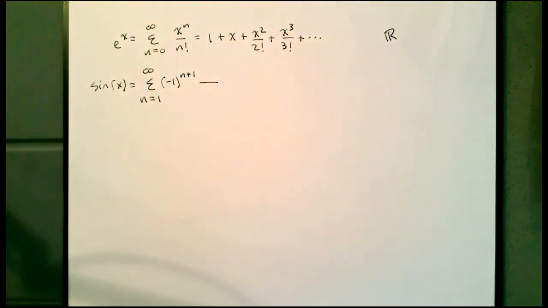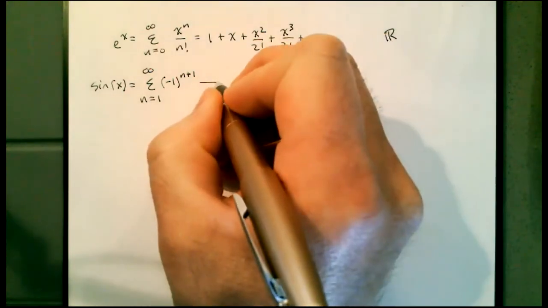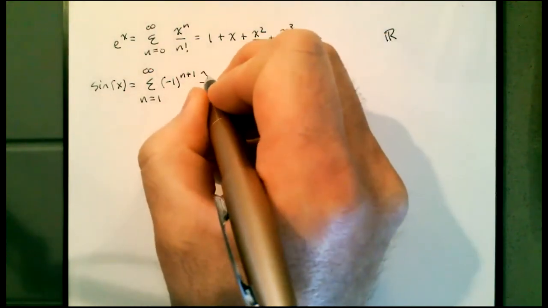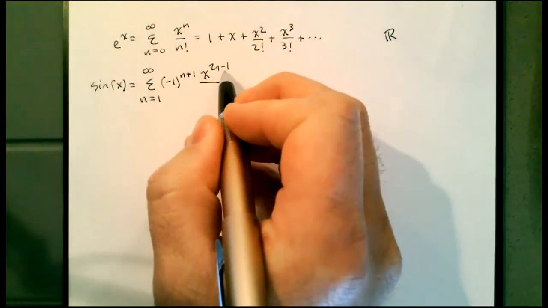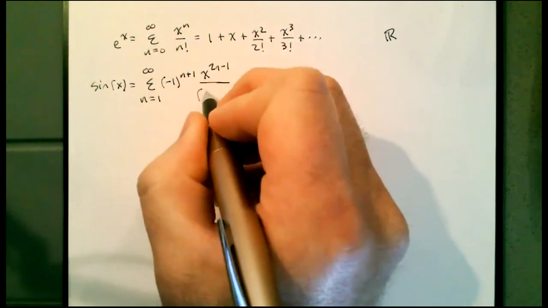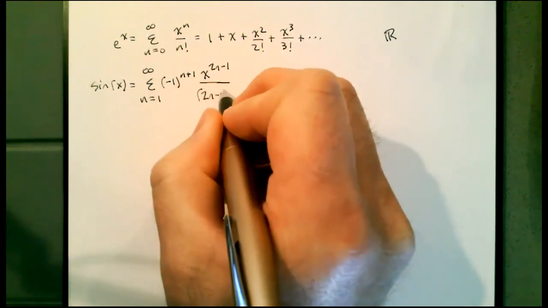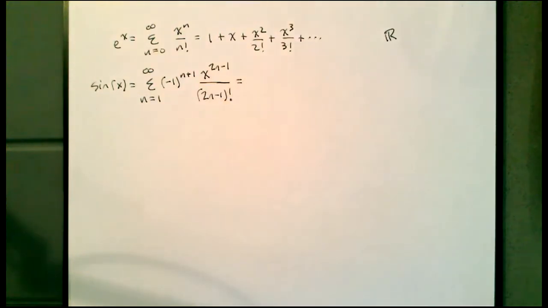Then we had all odd powers starting with 1. So I'm counting n by integers. So I'm going to make my exponent 2n minus 1. So 2 times 1 is 2, 2 minus 1 is 1, 2 times 2 is 4, 4 minus 1 is 3. So, and there's still that factorial in the denominator.